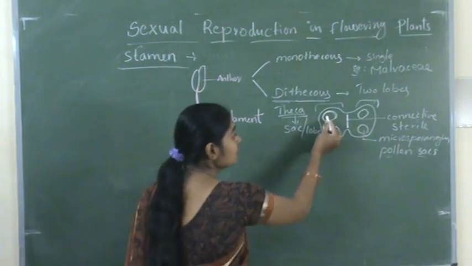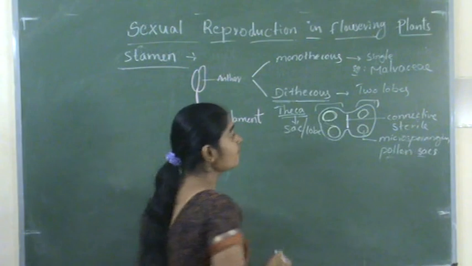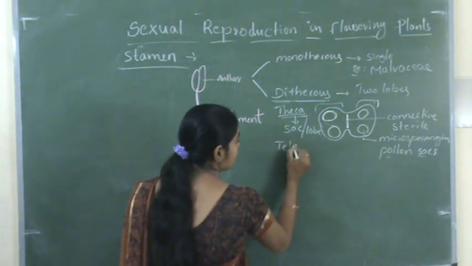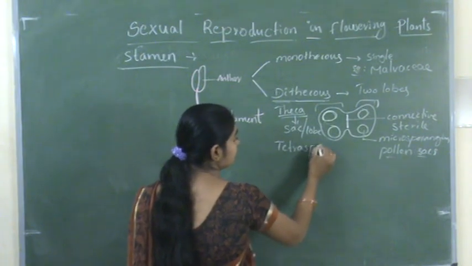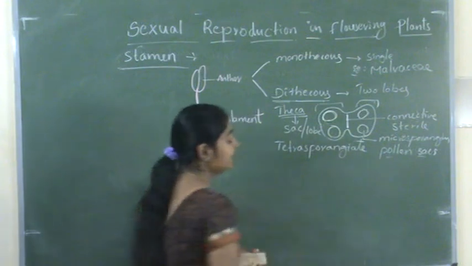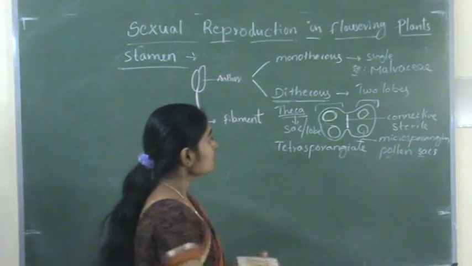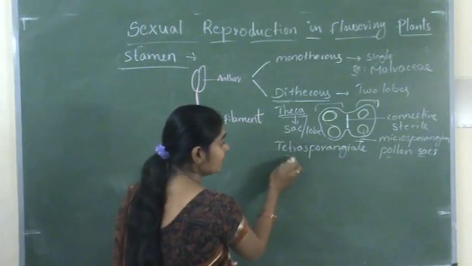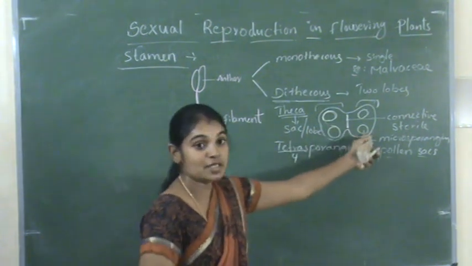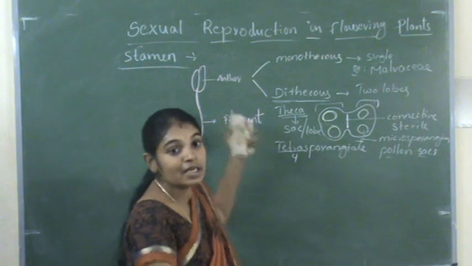Having four microsporangia, this is also known as tetrasporangiate. Tetra means four. Four microsporangia are present in the anther.